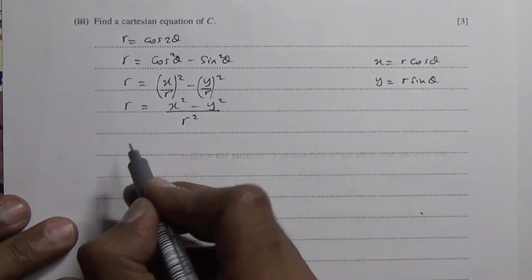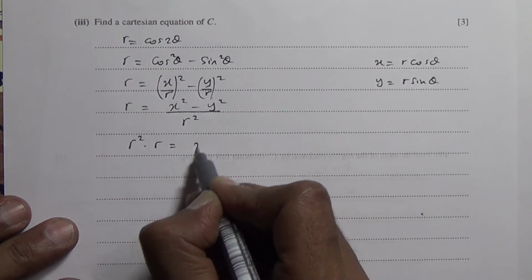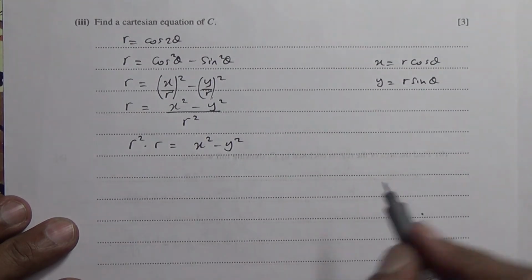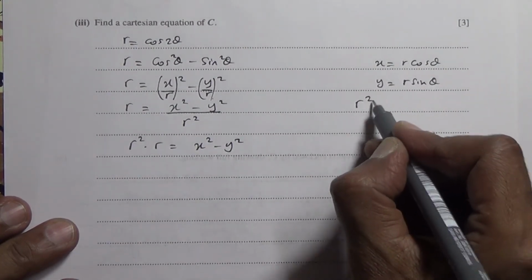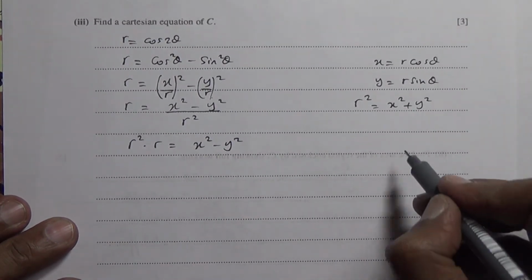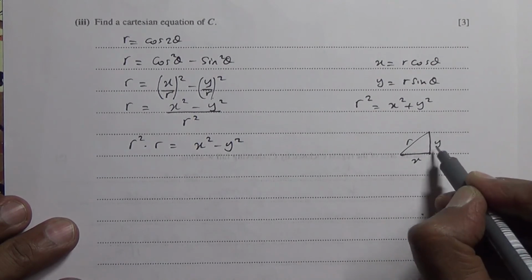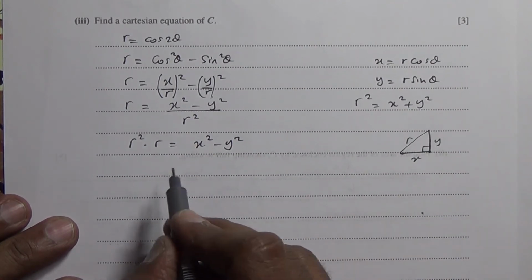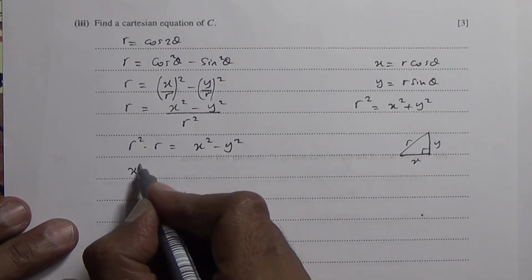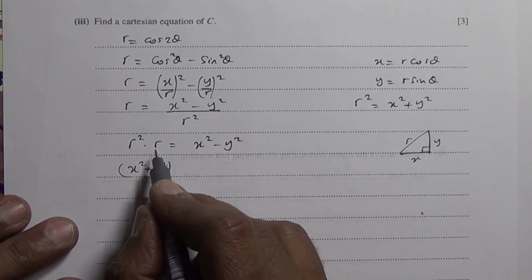And basically r squared can go this side, so I got then r squared times r is equal to x squared minus y squared. What is r squared? Now we know that r squared is equal to x squared plus y squared. So this is from here. Okay, so this is r, this is x, and this is y. Okay, and r squared is equal to x squared plus y squared, so we can replace that by x squared plus y squared, bracket it, and then you got r.